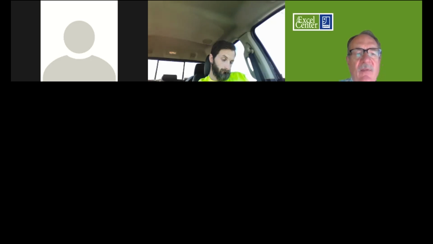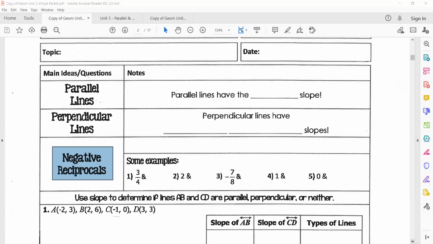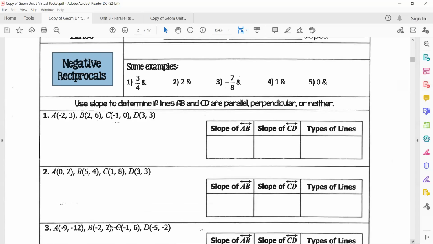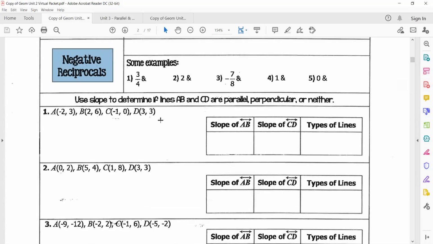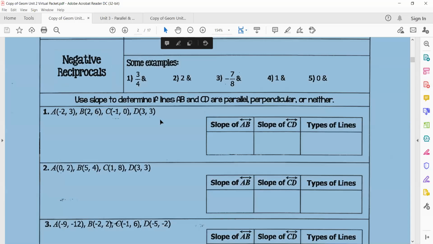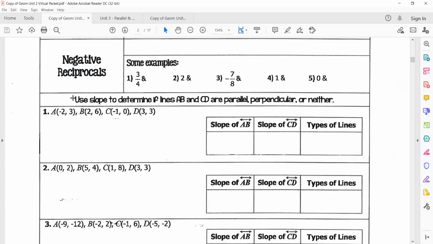And what you're going to see in these first few practice problems here, they're giving us problems that just have points. And the directions are use the slope to determine if lines A, B, and C, D are parallel, perpendicular, or neither. So if they're parallel, they're going to have the same slope. If they're perpendicular, they're going to have negative reciprocal or opposite sign and reciprocal slope.